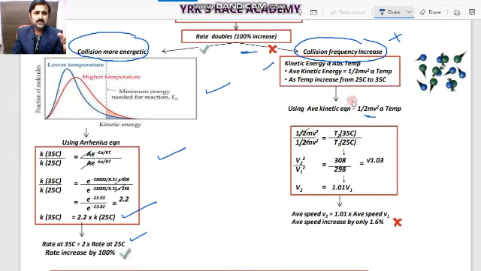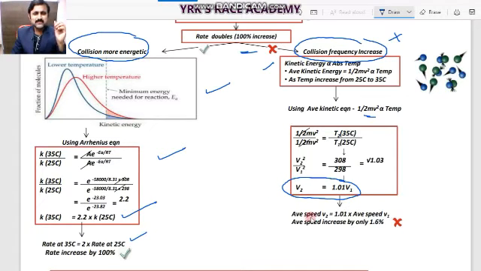If you substitute, the kinetic energy is proportional to temperature, the V1, V2 relation, that means the velocity or speed of the molecules. So V2 equals 1.01 into V1.